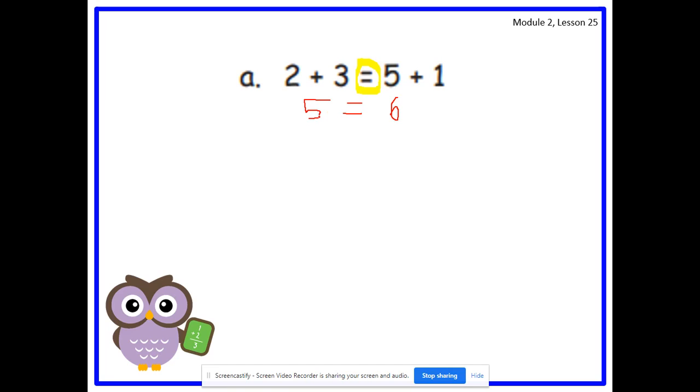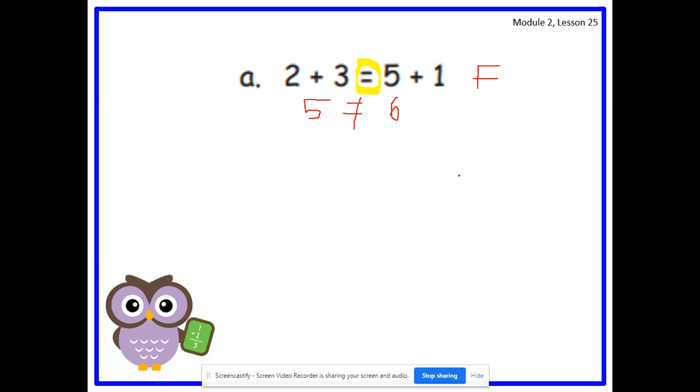Look at this. We have different totals. So is this a true number sentence? Get ready. No, it is not. It is not equal on both sides because look at your totals. This has a total of 5 and this side has a total of 6. So they are not the same. So you should have put an F for false.